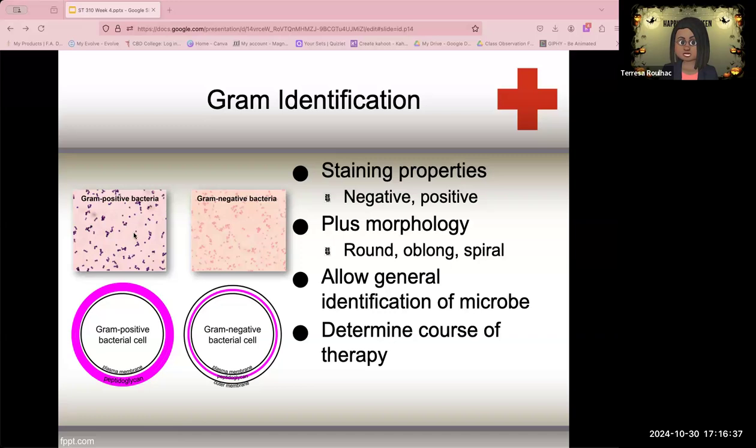So if you look, it seems purple. When we combine staining properties with morphology, it allows for a general identification of many common types of bacteria. This identification is going to be important in our clinical setting as it helps our doctors, our healthcare providers, and us determine the appropriate course of therapy for infections.